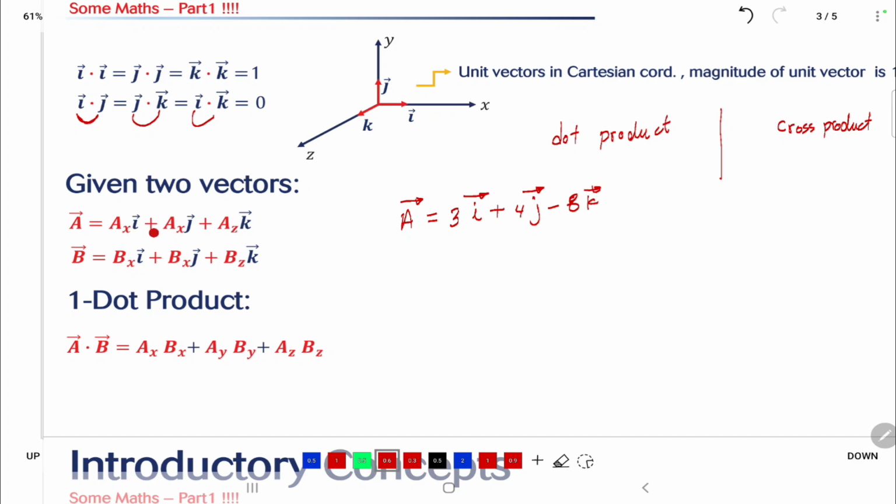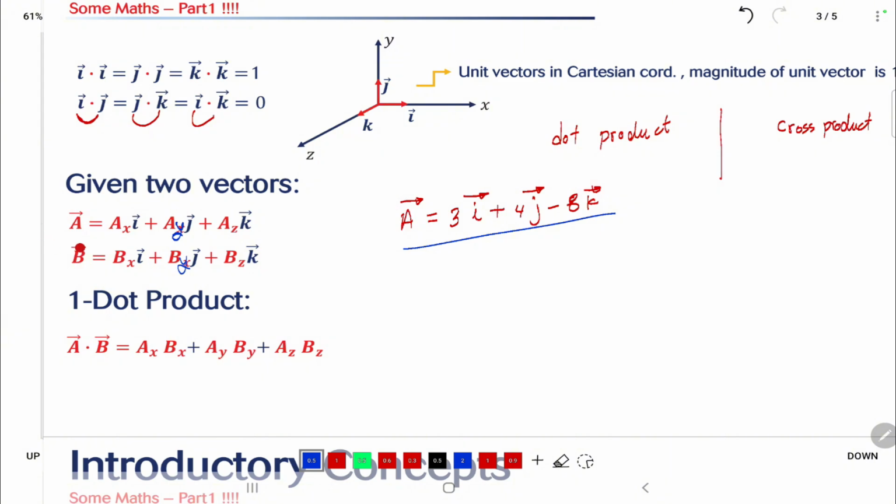So these are the components. Here there is a misprint, typo, it must be y. This also must be y. So you see, here ax is 3, ay, for example, this one. So these ax, ay, az are all scalars but multiplied by a vector. So a scalar multiplied by a vector will be a vector.